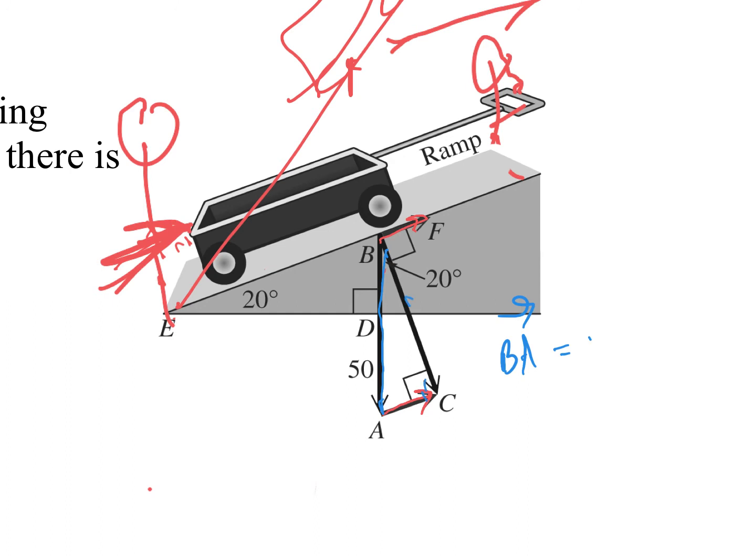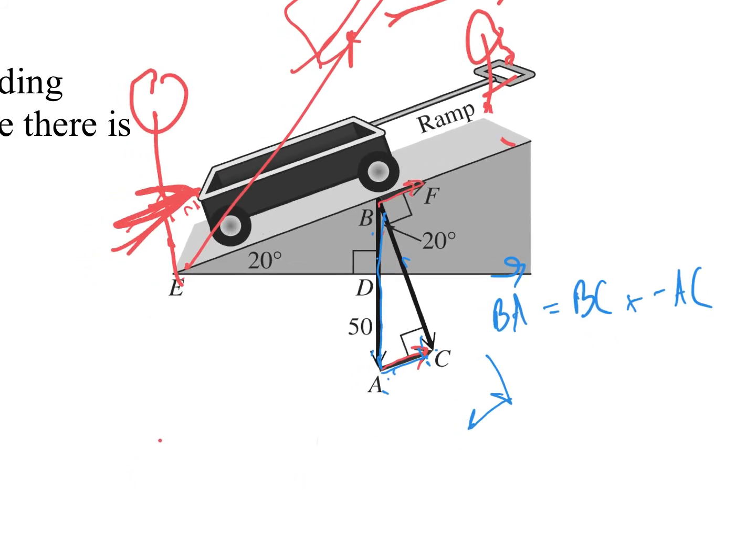So that would be BC, but I can't add it to the AC because AC is going the wrong way. I need the vectors added together like that to add up to this vector. So I'm going to add the opposite of AC. I might need that equation later on.